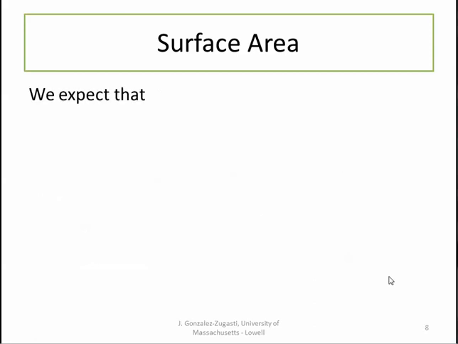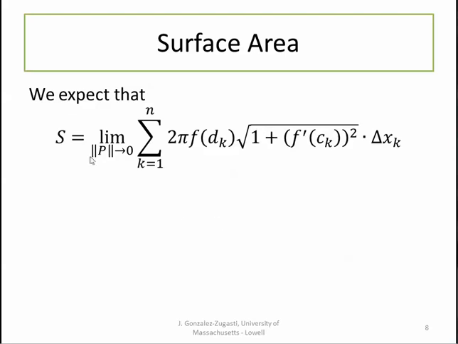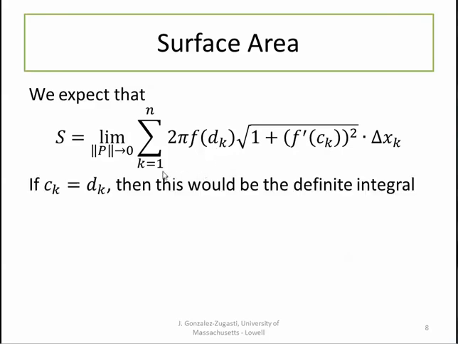All right, so now we expect that as the norm of our partitions goes to 0, the true surface area is going to be equal to this formula. Now, if c sub k and d sub k were the same, this would just be a Riemann sum and therefore the definition of a definite integral.